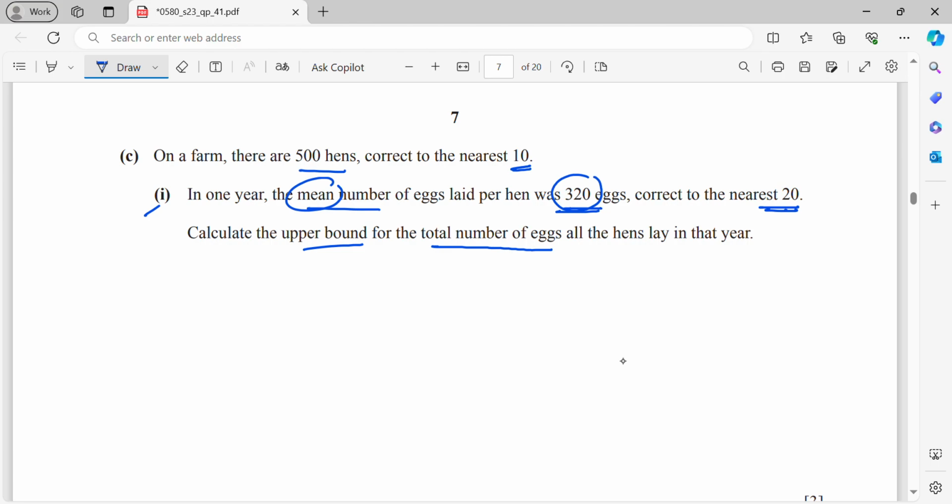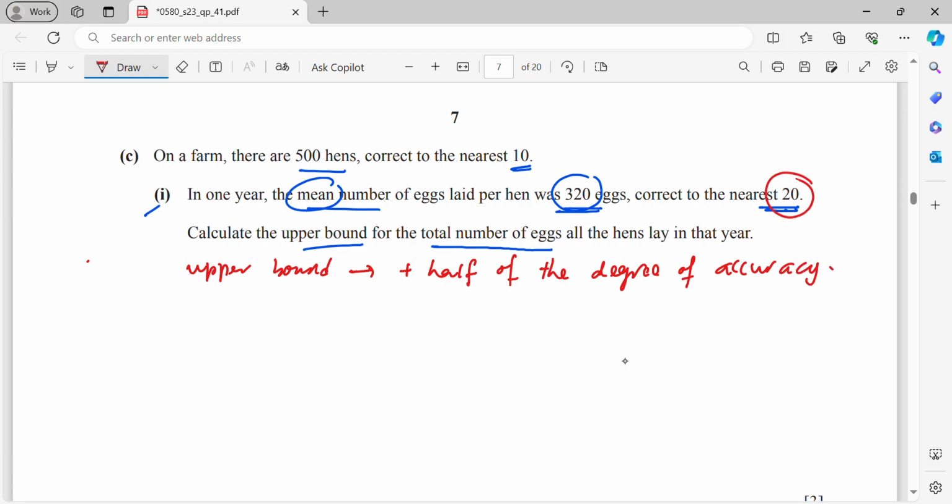For your information, when you need to calculate the upper bound, you have to add half of the degree of accuracy. The accuracy is 20 for the number of eggs, but for the number of hens, it is nearest 10. So 10 is the degree of accuracy.